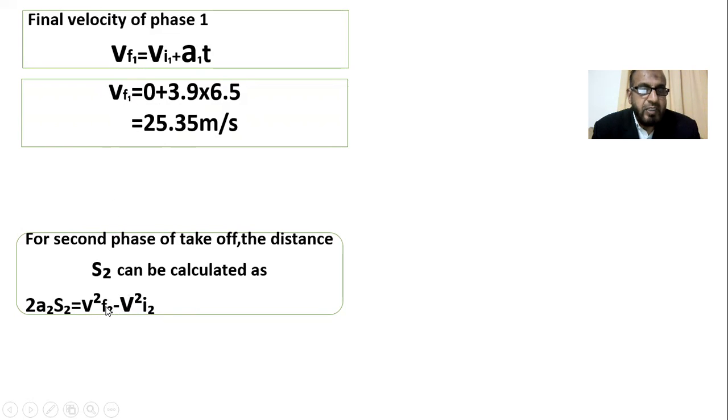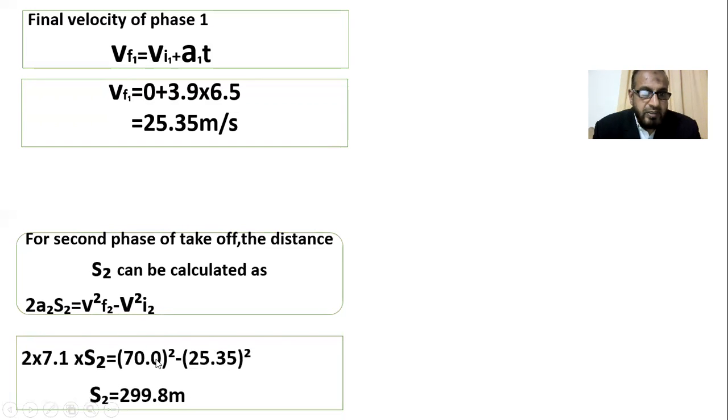Vf2 is given, that is equal to 70.0 meter per second, which is the speed of the aircraft when the aircraft takes off from the runway.